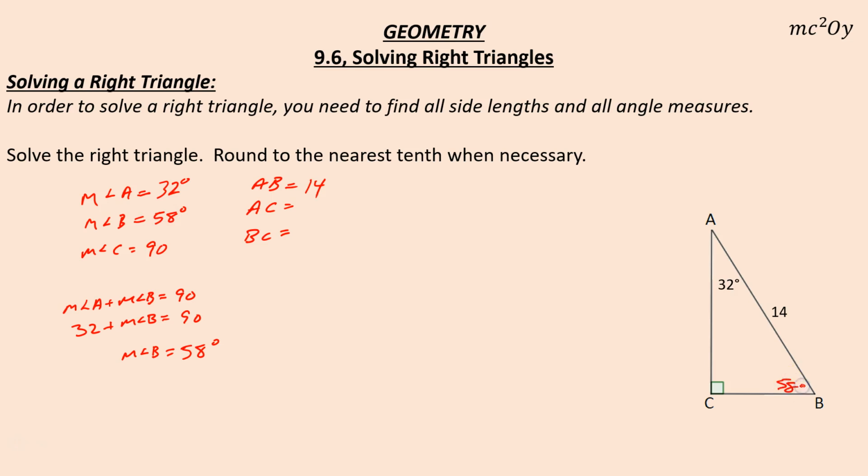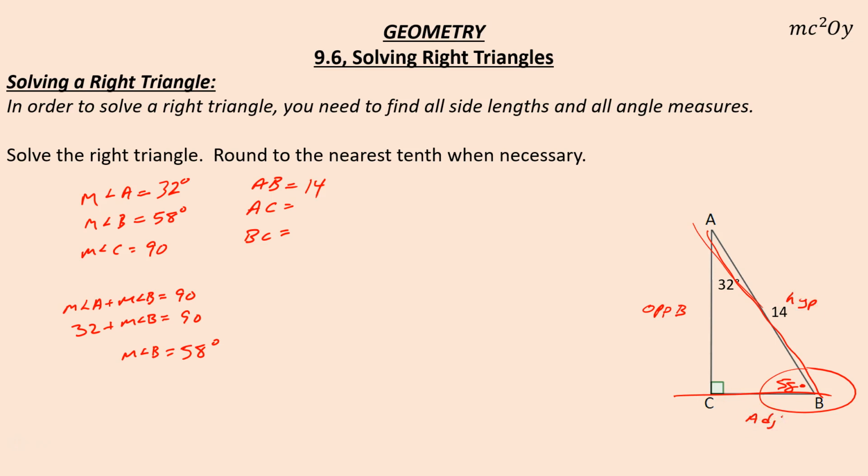Now, given that we have perfect angle measures there, they are whole number angle measures, you can use any of your angles to find your other two sides. Okay, and so I'm going to just use angle B here. So I've used angle A for everything else. So if I want to go through that, this is the opposite of B, and this is the hypotenuse, and here's my adjacent.